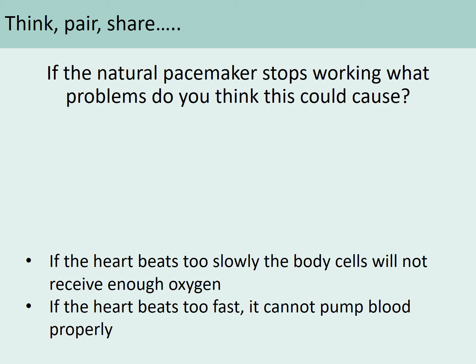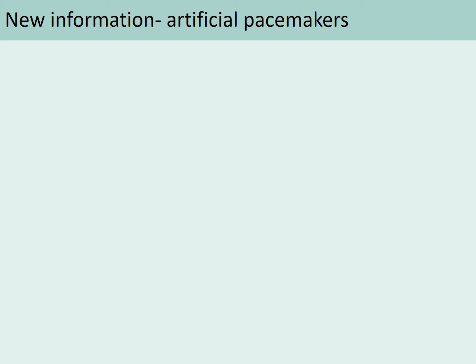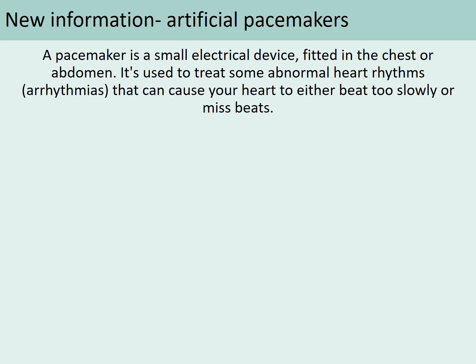And if it goes too fast, then the blood isn't being pumped efficiently. Because it's going so fast, not much of it actually passes through, so it's just not going to be as efficient. So if there are problems with the natural pacemaker, we can get something called an artificial pacemaker.